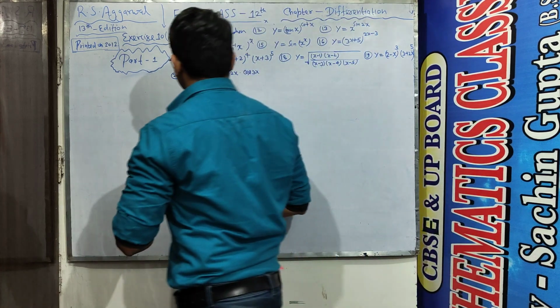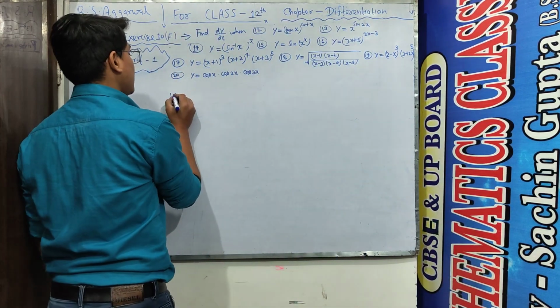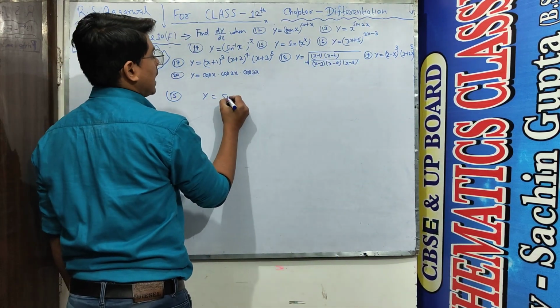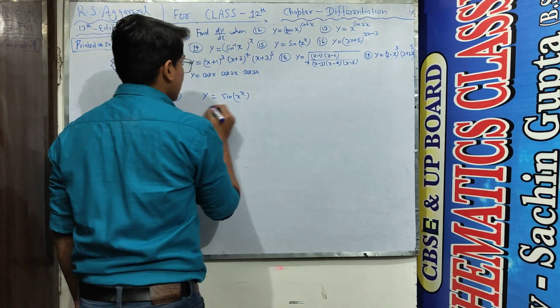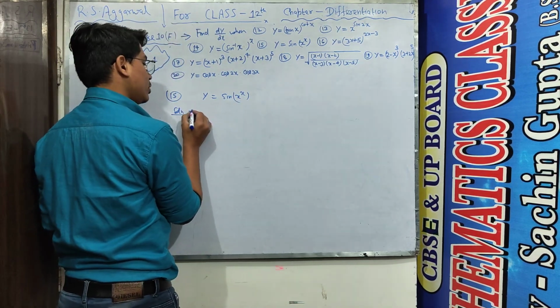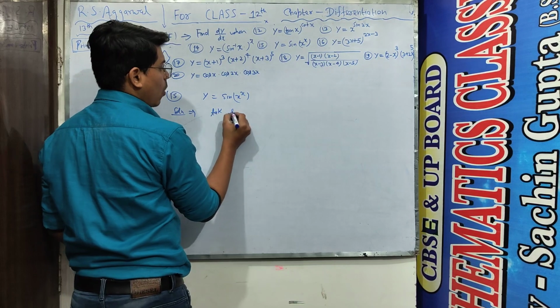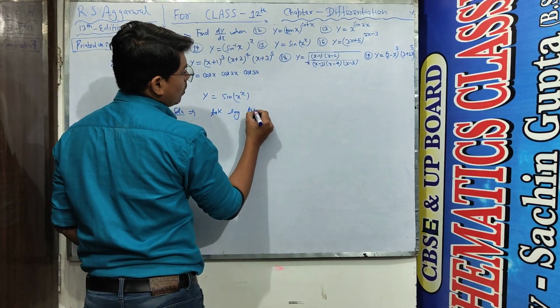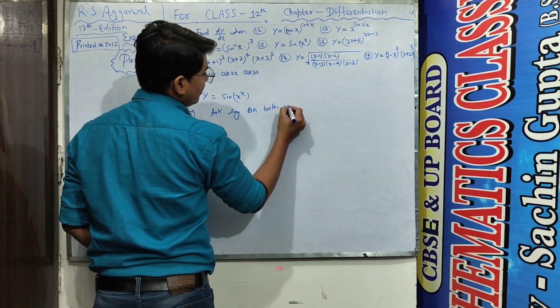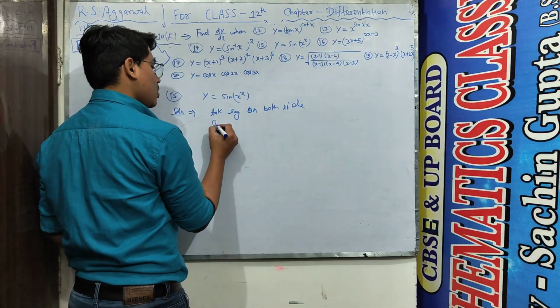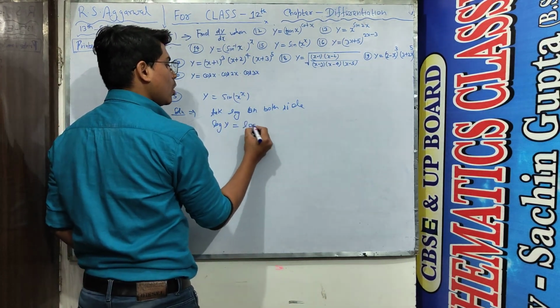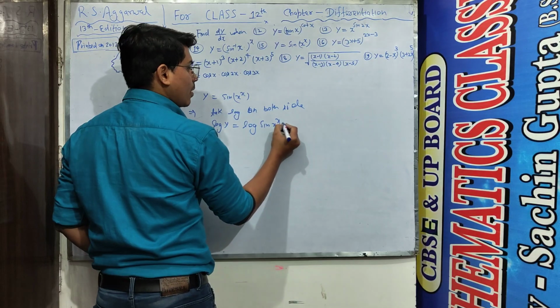Now student, I take question number 15, which is given to us: y equal to sine x raised to the power x. I write here solution and take log on both sides. Then it becomes log of y equal to log of sine x raised to the power x.